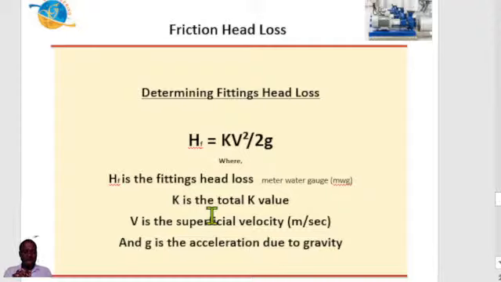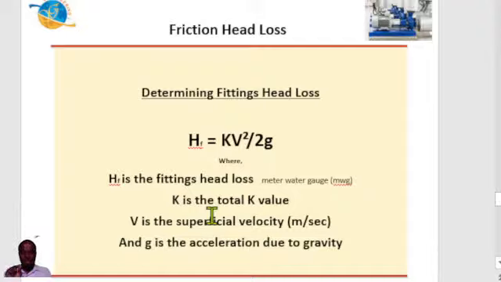Now, how do you determine your K value? Each type of fitting, such as valves, bends, tees, any kind of fitting you can think of, has a characteristic resistance coefficient, called the K value.